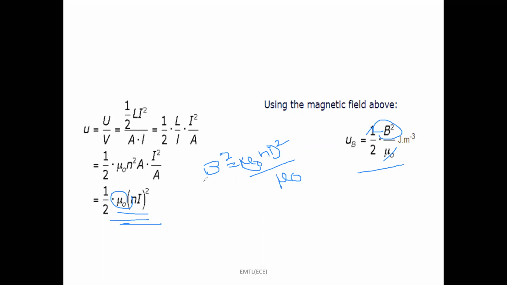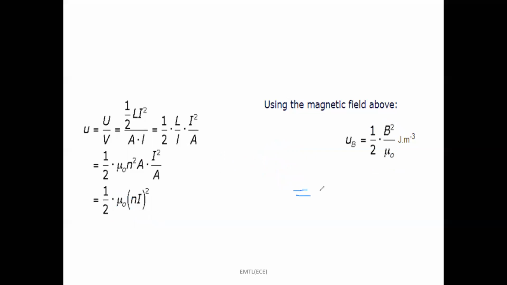So simply to convert this energy density value in terms of magnetic flux density, you can write it as half B by mu naught into B. So this is the expression for H. So you can write it as half H B also.